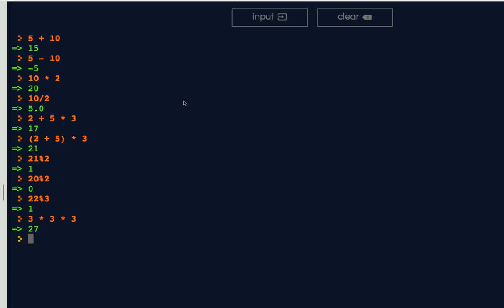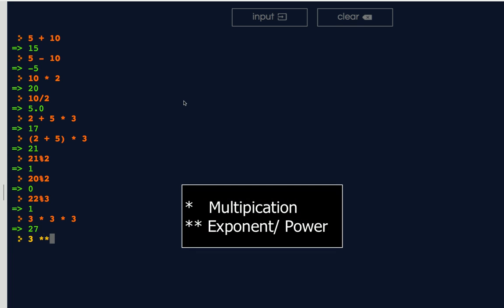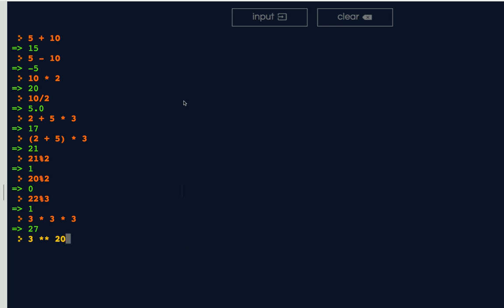But what if you want to find 3 to the power of 10? You cannot keep doing 3 times 3 times 3 times 3, right? So there is an operator called double asterisk. For normal multiplication you use a single asterisk, and for power you use a double asterisk. So I can easily find 3 to the power of 10. Wow, that's so quick, right? 2 to the power of 10 should be, I think, 1024. Cool.